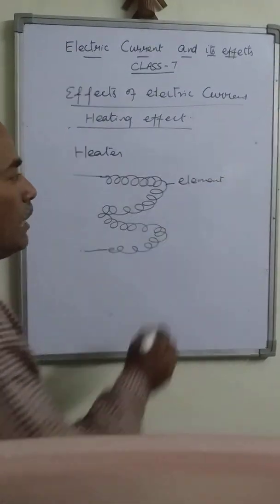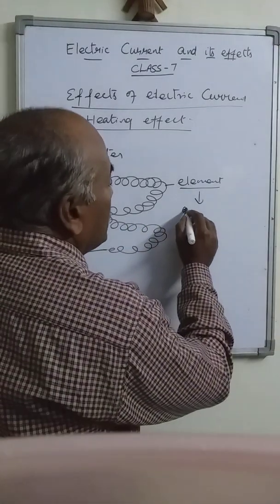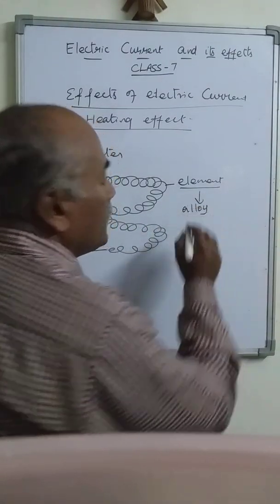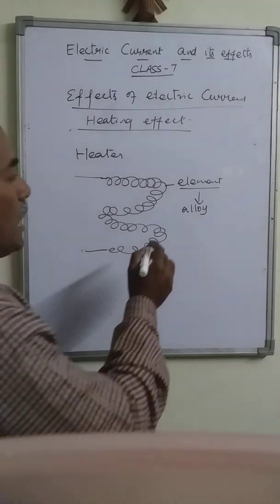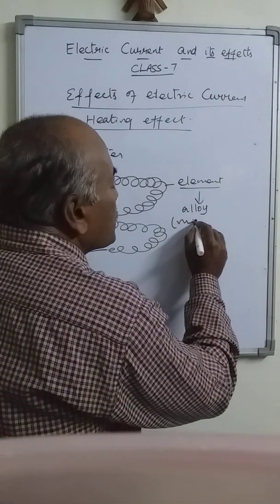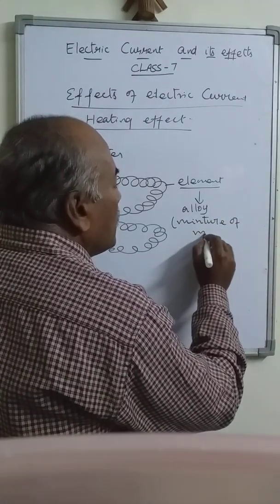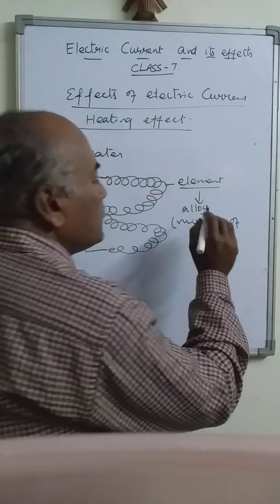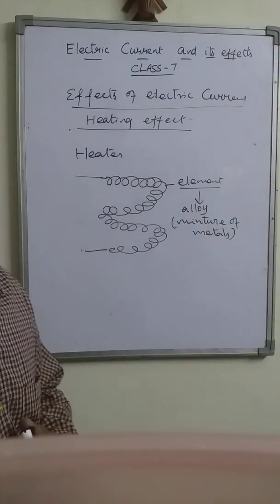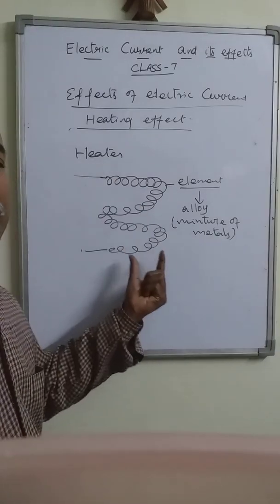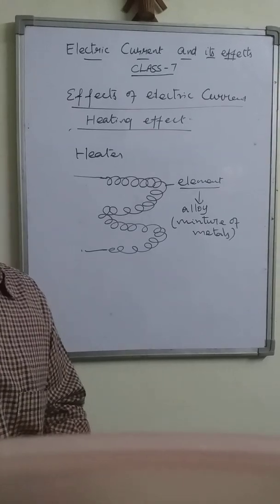Right? This element is made up of an alloy. It is not a single metal. It is the mixture of metals. Alloy is the mixture of metals. Due to this mixture of metals, this element is able to produce large amount of heat.